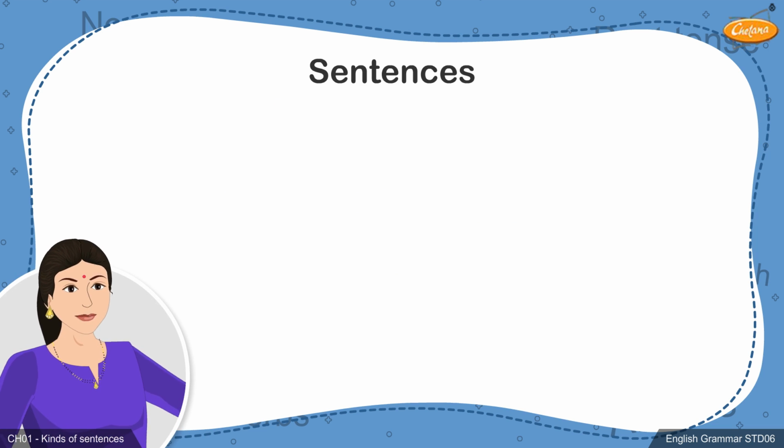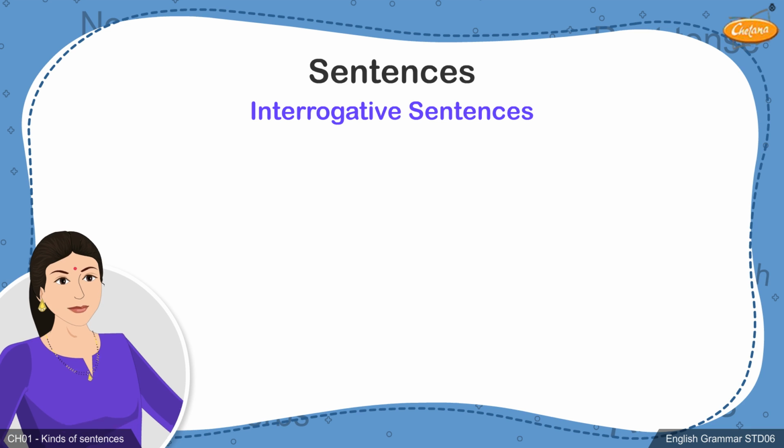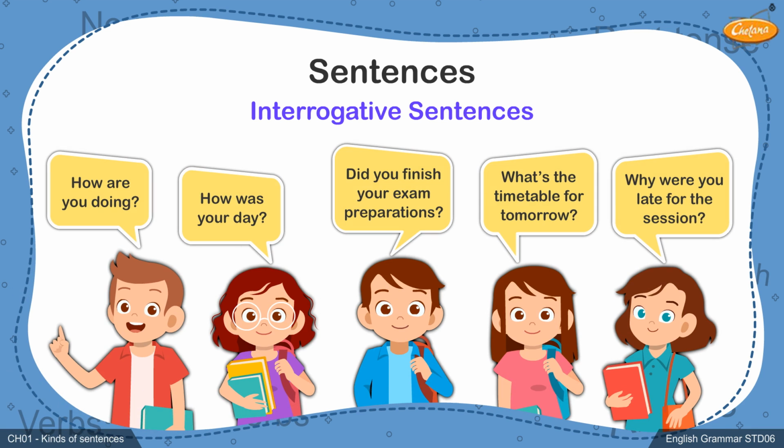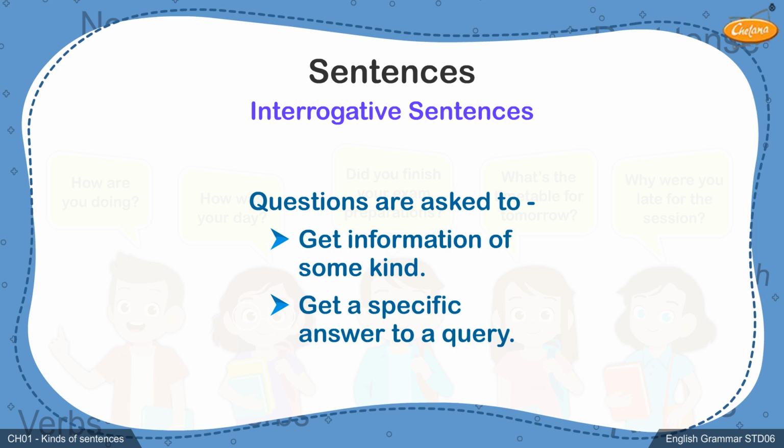Students, let's move on and now learn all about interrogative sentences. Don't we all ask questions to each other while we talk? Why are questions posed? Questions are asked in order to get information of some kind, get a specific answer to a query.